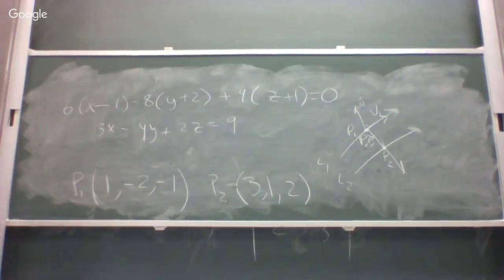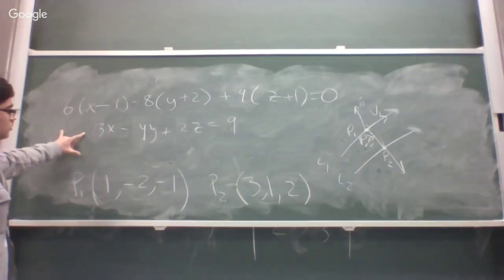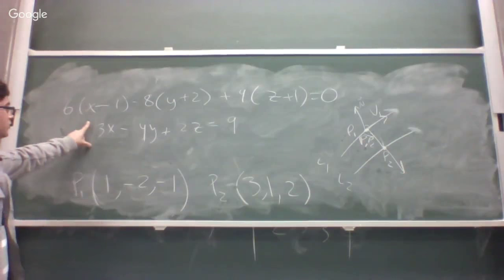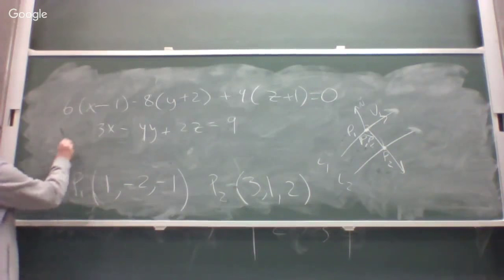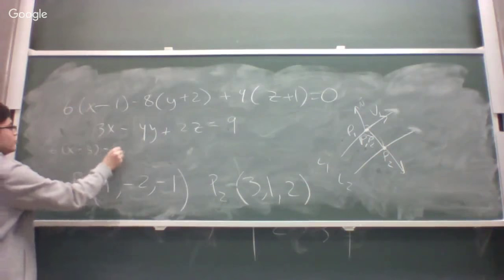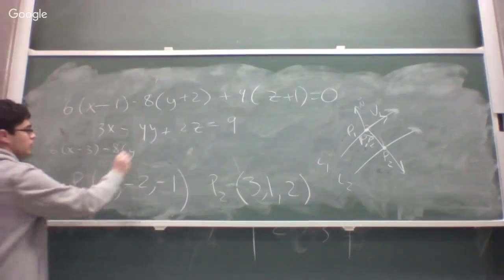But if I were to do it, it'd be x minus 3. Let me just do it quickly then. It's a good question.